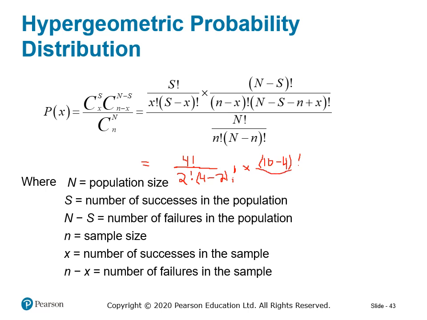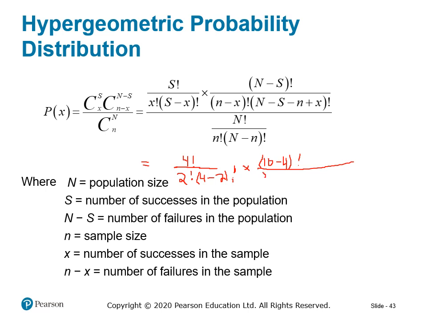All over little n minus x, where here little n is equal to 3.